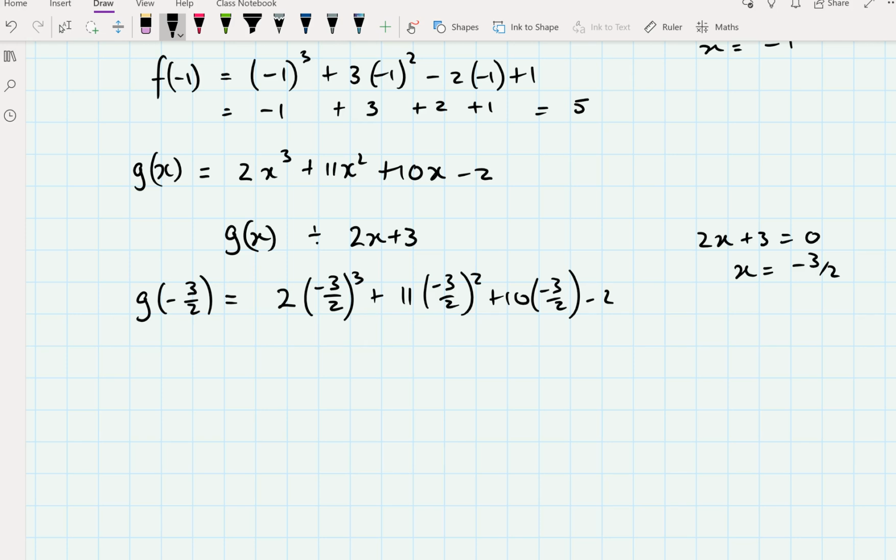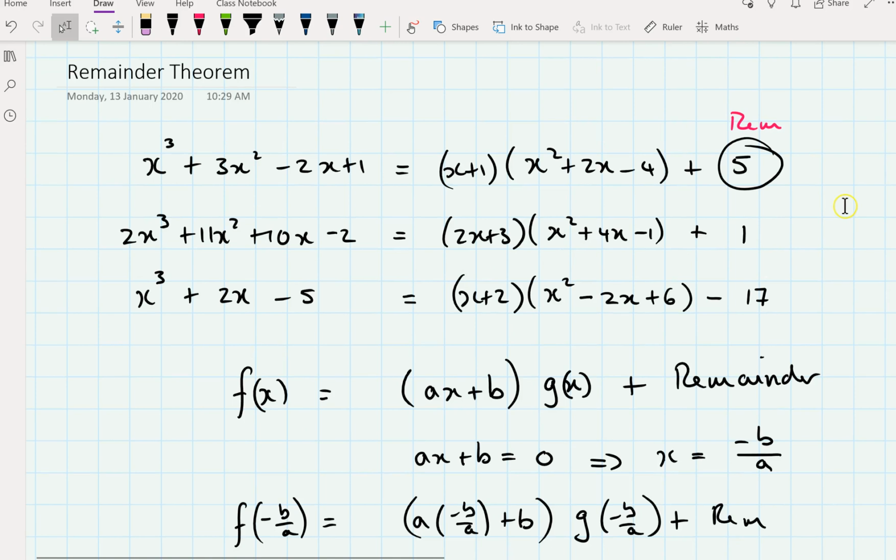And if we take a look at that, we're going to come up with minus 27 over 4 plus 99 over 4 minus 30 over 2, which is minus 15, minus 2. And that's going to come up with a number of 1. And 1, look back and see, was the remainder that we got.